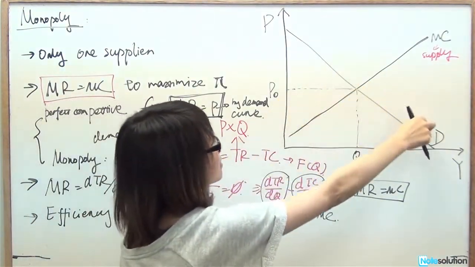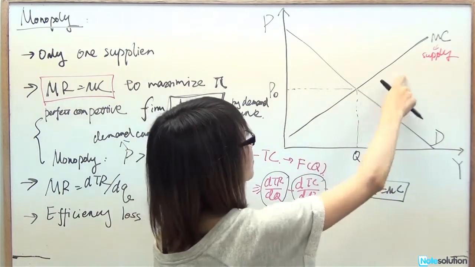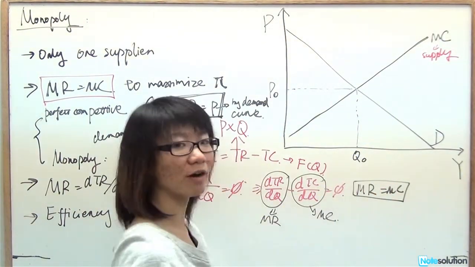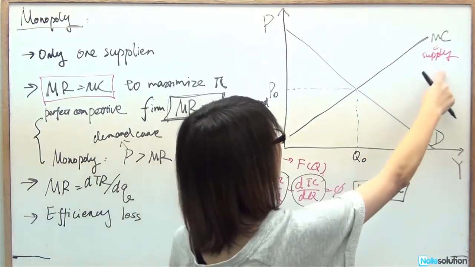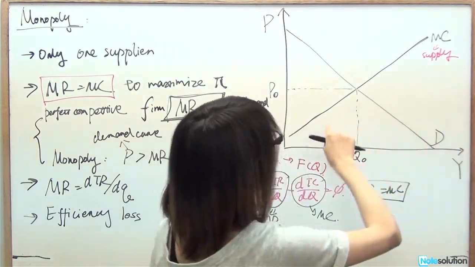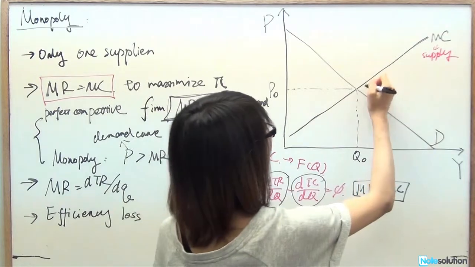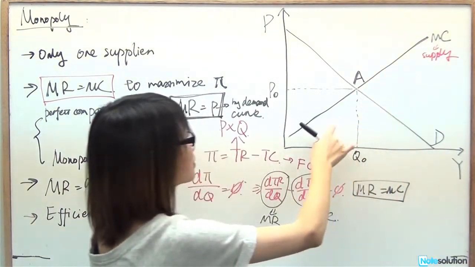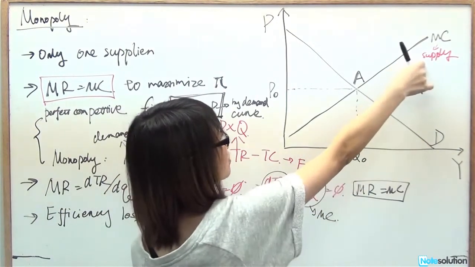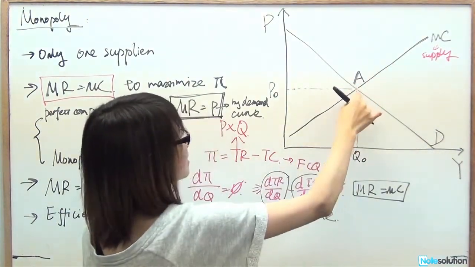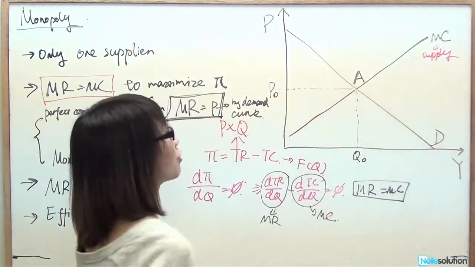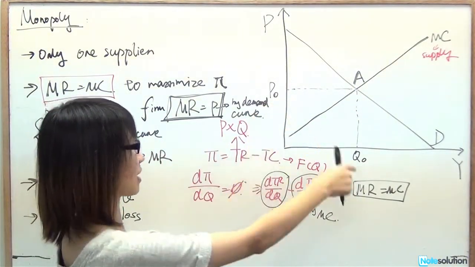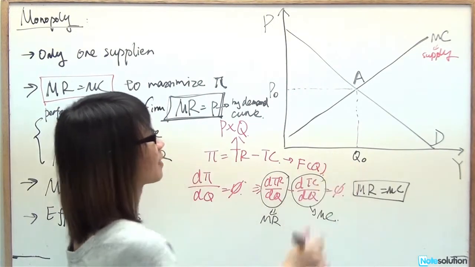We have the downward sloping demand curve and we have the upward sloping supply curve, or we can call it the marginal cost curve, since the marginal cost curve is a supply curve. If this is a perfect competitive market, when supply is equal to demand, so D is equal to MC, the intersection point A will be the equilibrium point for the perfect competitive market at the price of P0 and the quantity of Q0.